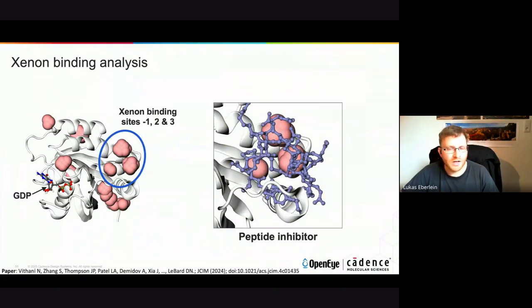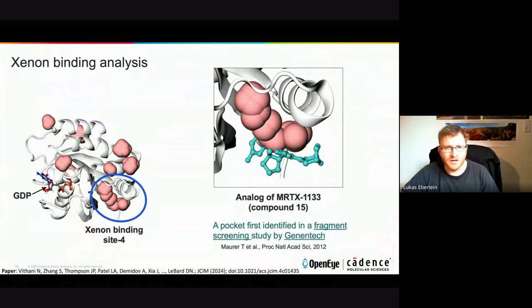The binding sites 1 to 3 combined form the binding site which is used by a peptide inhibitor. I think one of the larger US pharma companies has worked on that. And we also find, ranked 4th, a binding site which is the switch 1-2 pocket. It's exactly on the opposite side of the switch 2 pocket, and this is a more shallow pocket where an analog compound of the actual FDA-approved drug can bind.